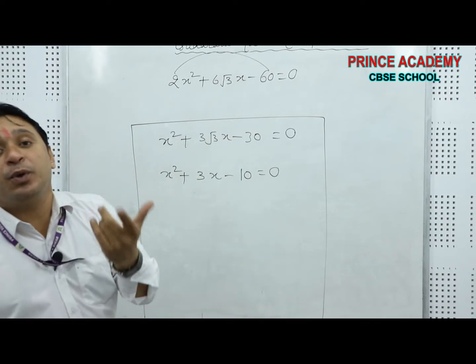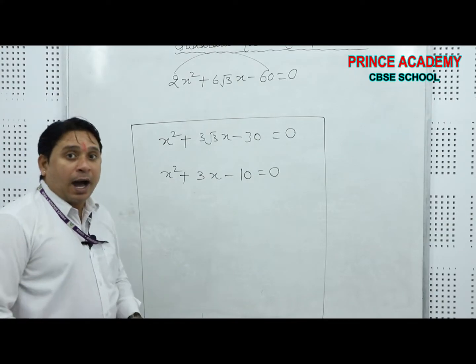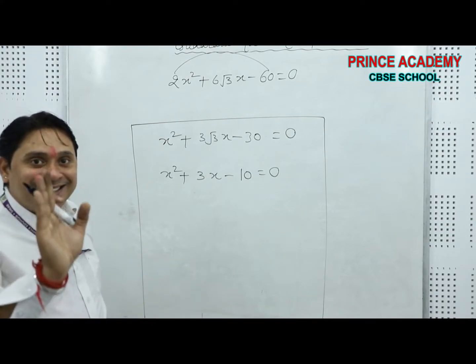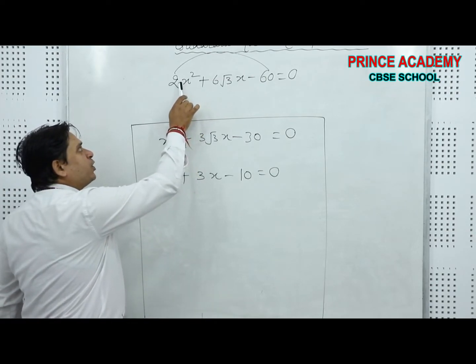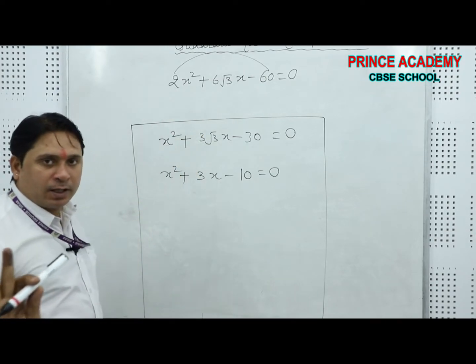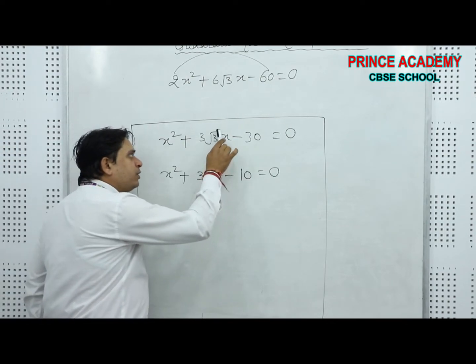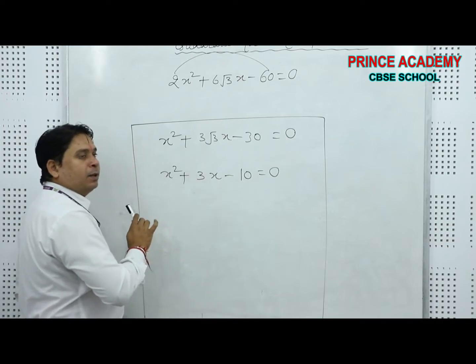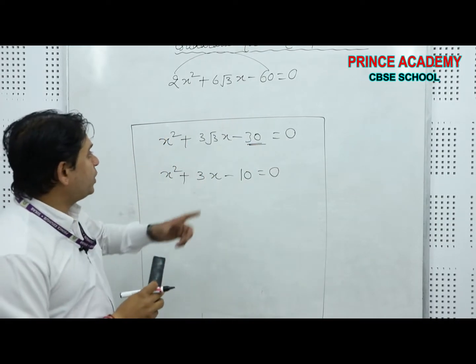See what I am doing. What I did here, I just did first make the coefficient of x square 1, divide by the coefficient of x, then I removed this root from the middle term and divide the c part by the root term.